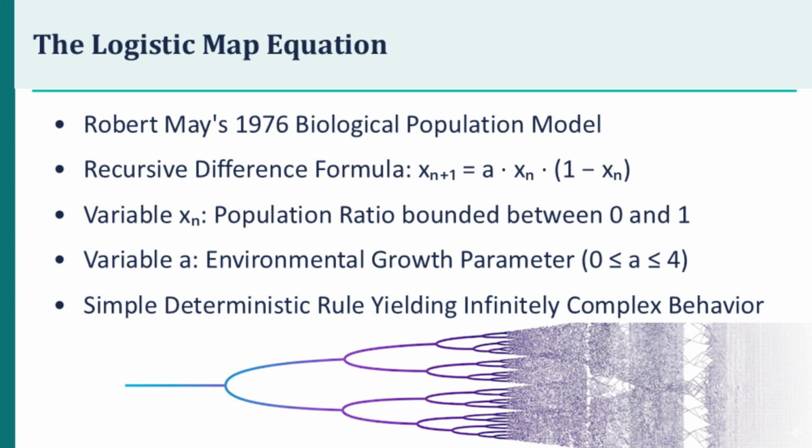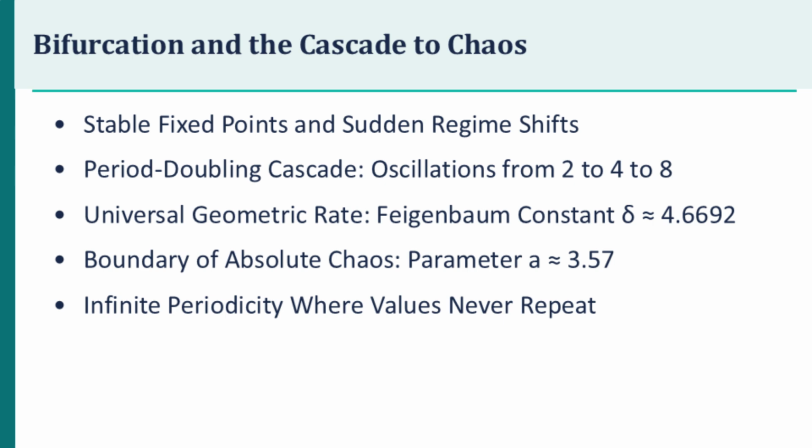The parameter a must be chosen between 0 and 4 to ensure the population stays within the boundaries of 0 and 1. Despite its simplicity, as we vary the value of a, this single formula transitions from perfect stability to absolute chaos, serving as a pristine laboratory for studying nonlinear dynamics.